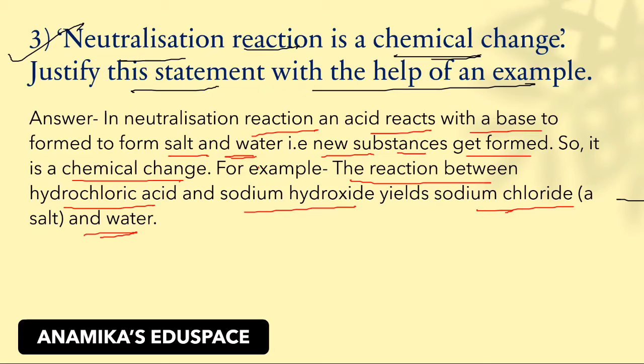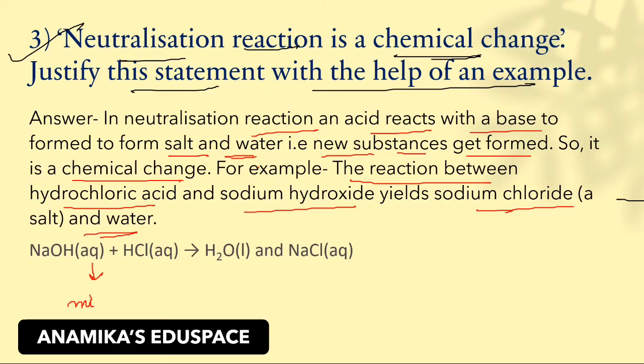So, let us see the reaction first. NaOH, which is aqueous, that means it is mixed with water. What is the name of NaOH? Na is sodium and OH is hydroxide, so it will be named sodium hydroxide. Clear, students? The name is already written here. You can see the spelling from here.